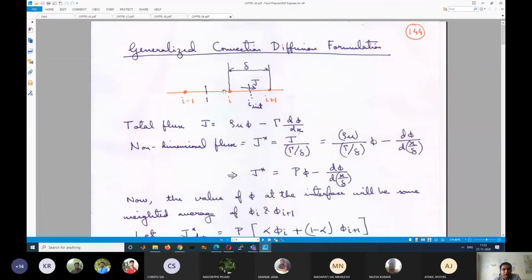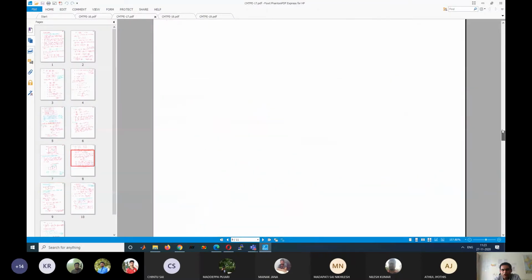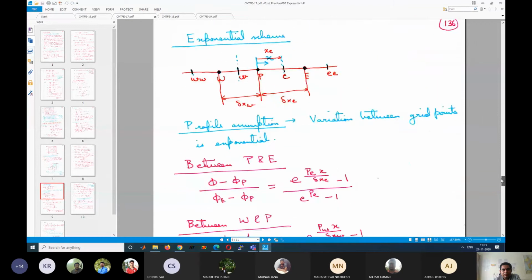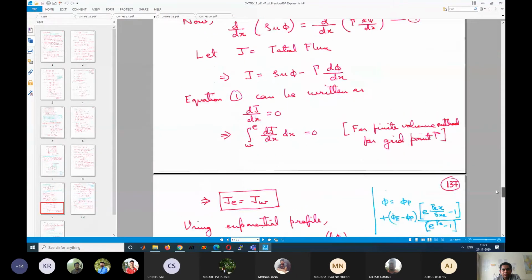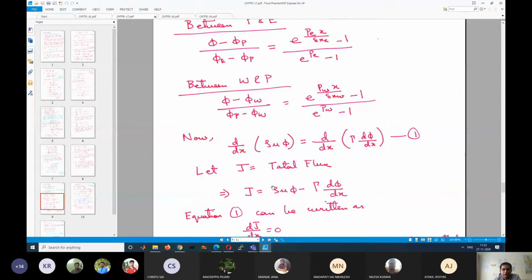So this J is general at any point; at the interface, you have to take the values at the interface. We have derived this J somewhere for the exponential scheme. J is the total flux, defined as rho u phi minus gamma d phi dx.